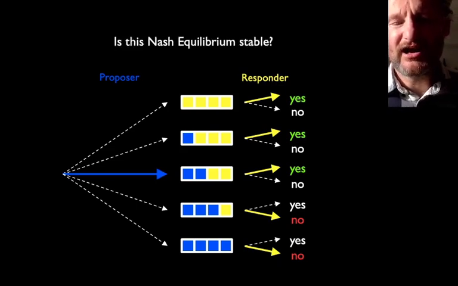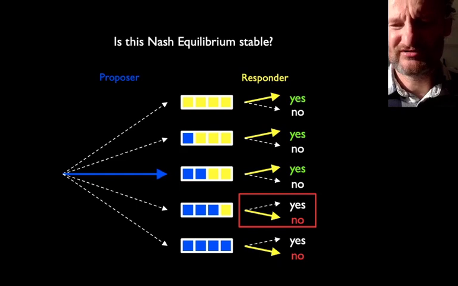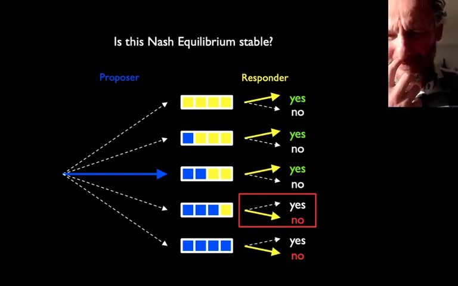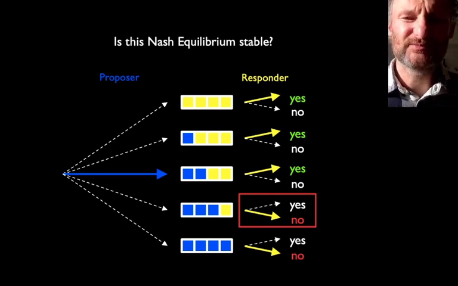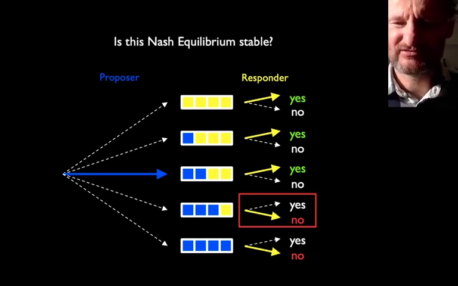Now, I would like to look at the stability of this Nash equilibrium, and I would like to focus on this part in particular, because let's assume that there is a population in which all proposers propose the equal split, and all responders respond like this.